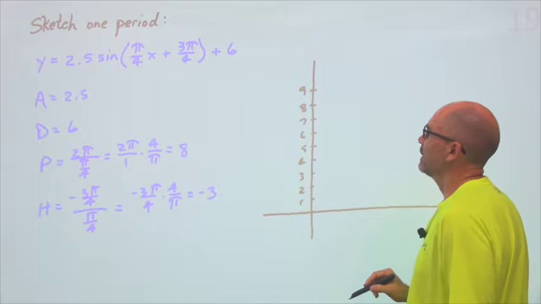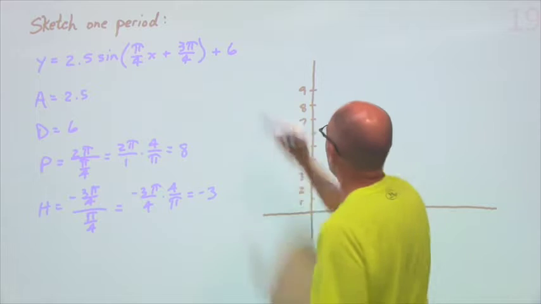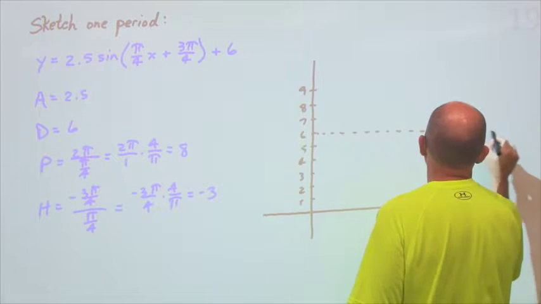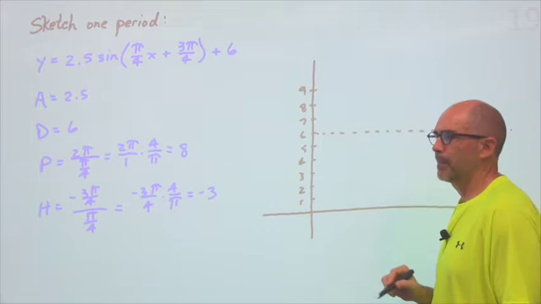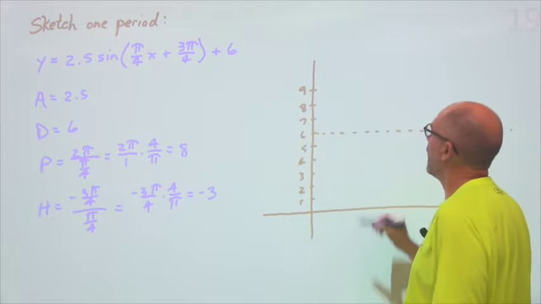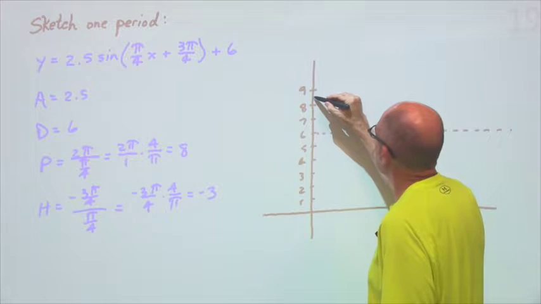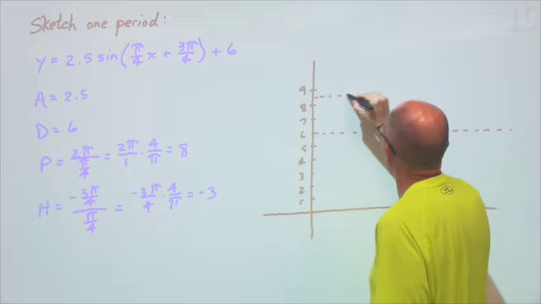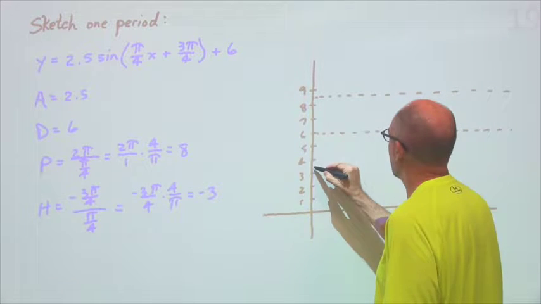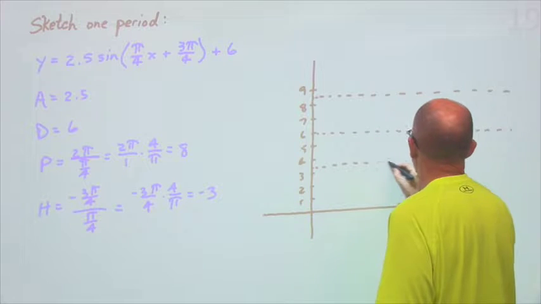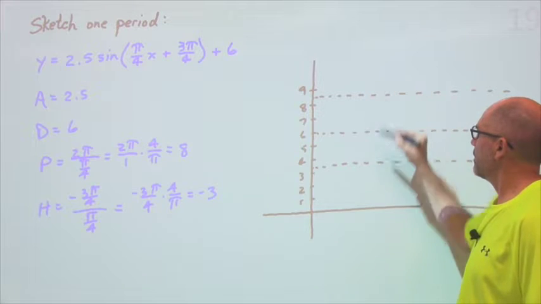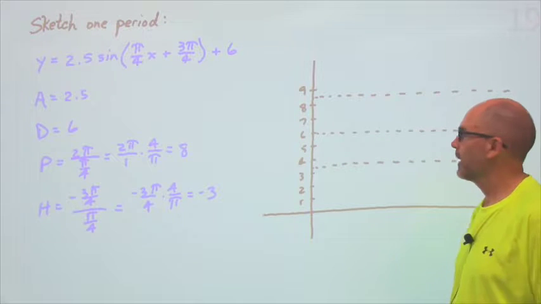We see that our midline is 6 up, so here's our midline. The amplitude is 2.5, which means we're going up 2.5 from the midline and down 2.5 from the midline. So we basically just made the top and the bottom of the box.